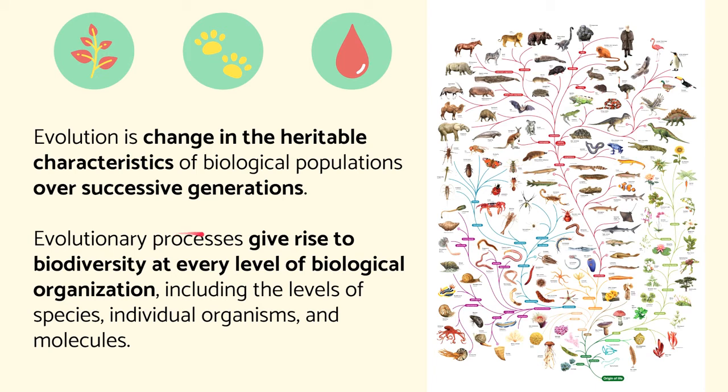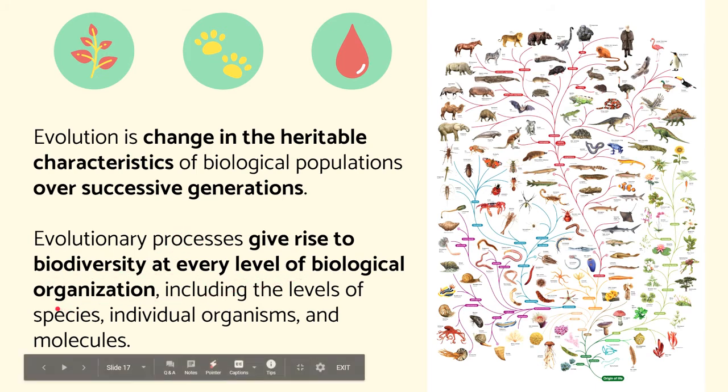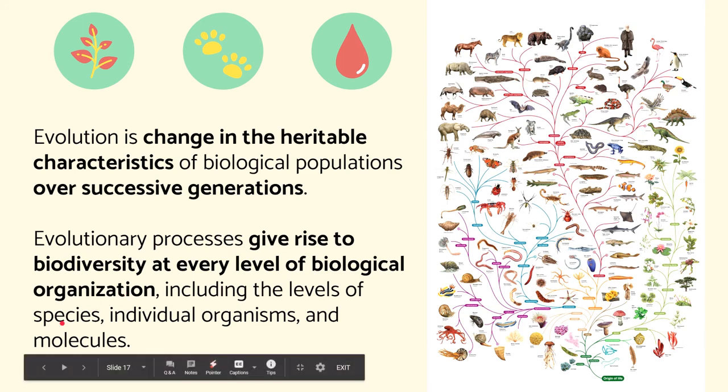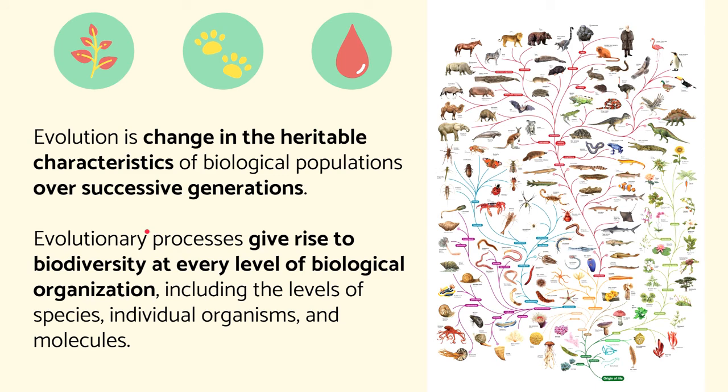So evolutionary processes give rise to biodiversity at every level of biological organization. If we still remember our levels of organization, from cells to tissues to organs to population to ecosystem, including the species, individual organisms, and even molecules. So evolutionary processes that we will talk about under mechanisms of evolution give rise to biodiversity.